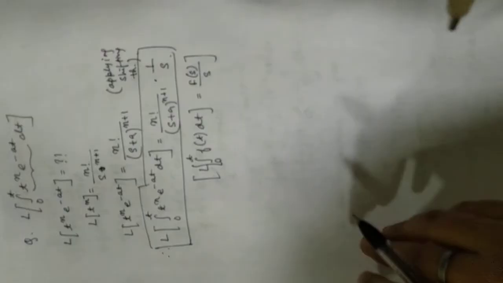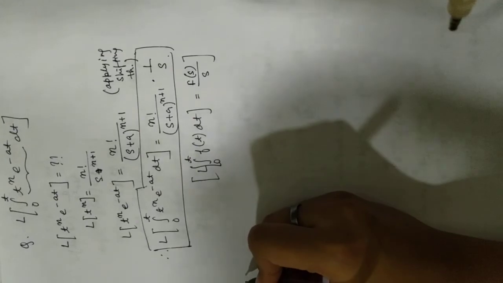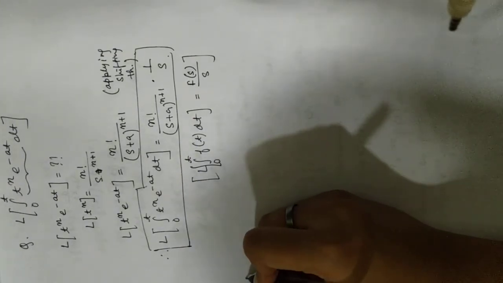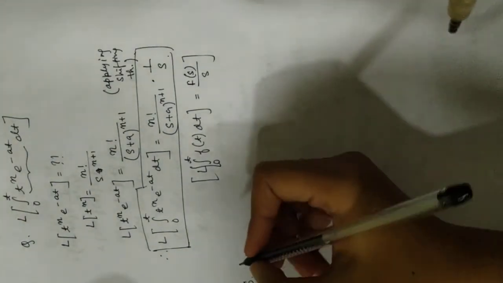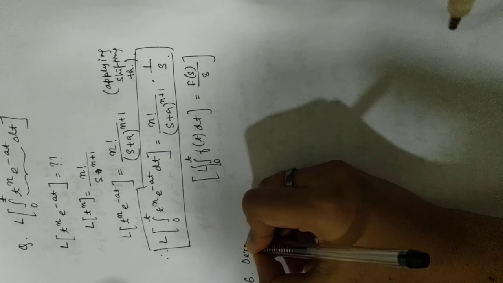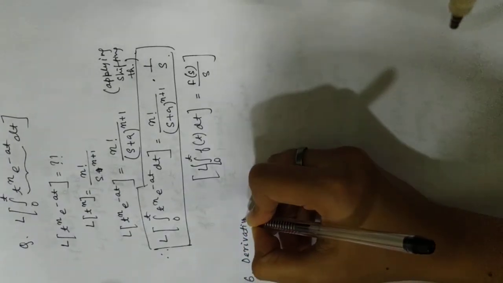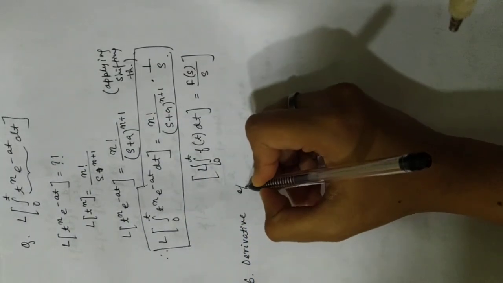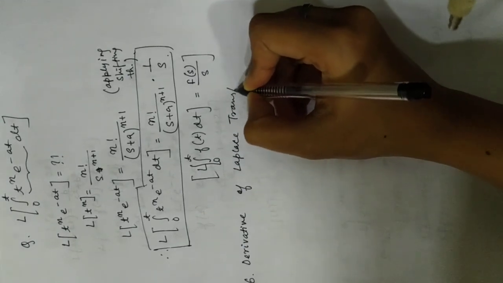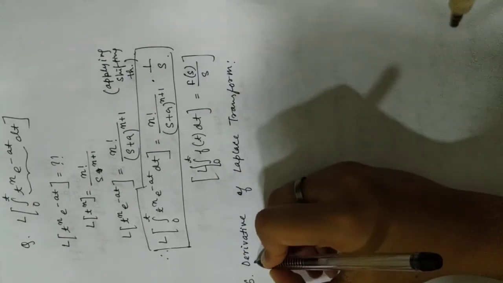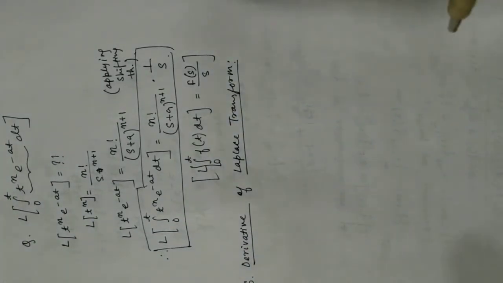Now we will go to the sixth property of Laplace transform. We have found the Laplace transform of derivative of the function. Now we are moving on to derivative of Laplace transform. Derivative of Laplace transform.